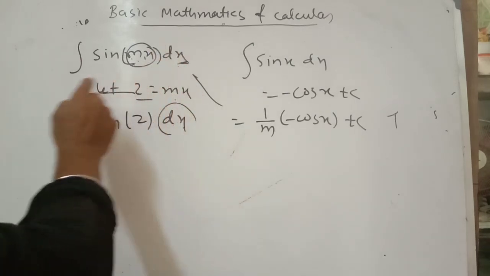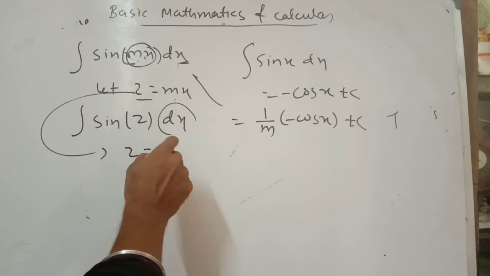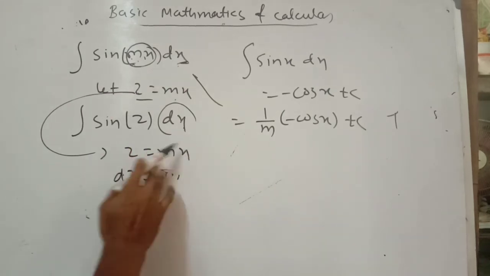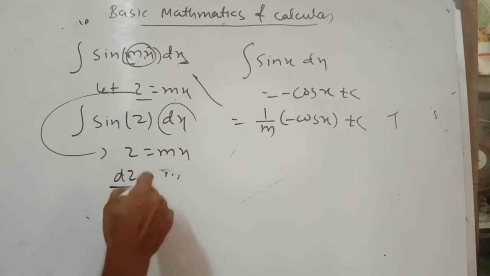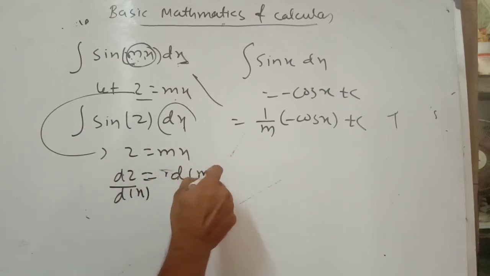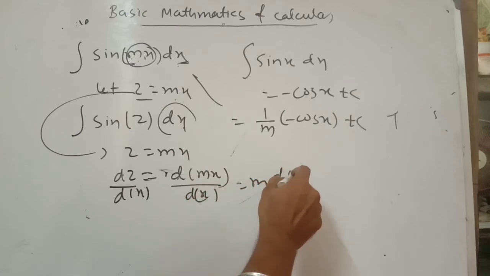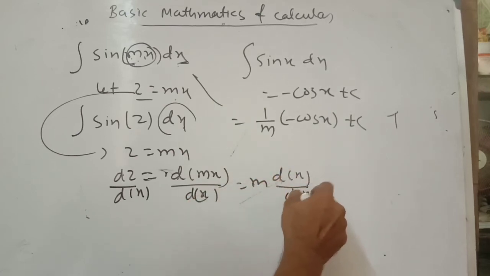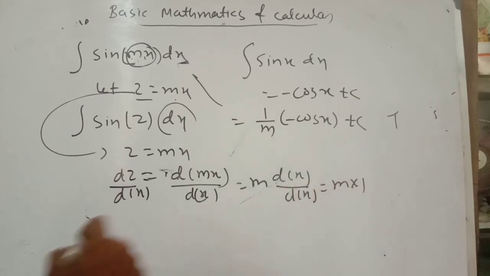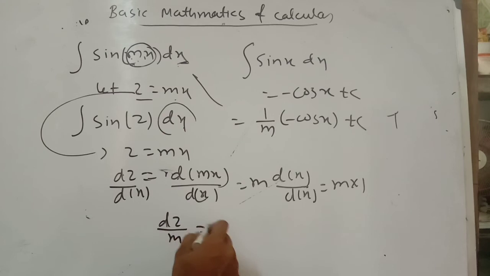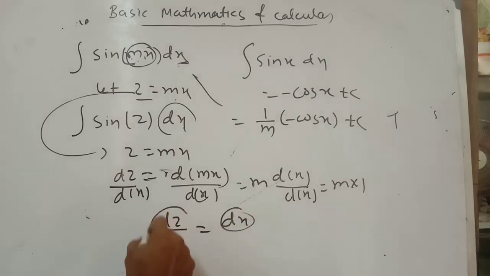Since z equals mx, differentiate: dz by dx equals d(mx) by dx, which is m times 1, equal to m. So dz equals m dx, and dx is equal to dz by m.